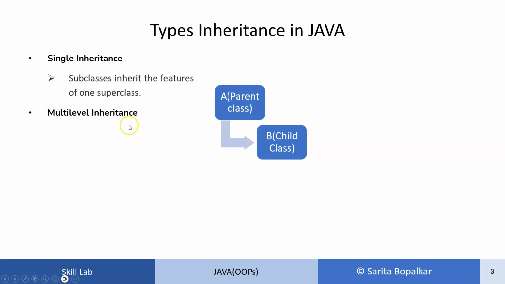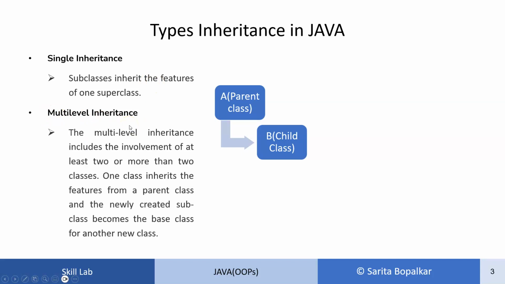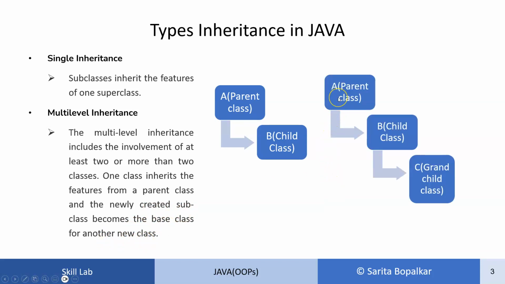Now, multi-level inheritance. Multi-level inheritance includes the involvement of at least two or more than two classes. One class inherits the features from a parent class, and the newly created subclass becomes the base class for another new class. Suppose this class A is the superclass.